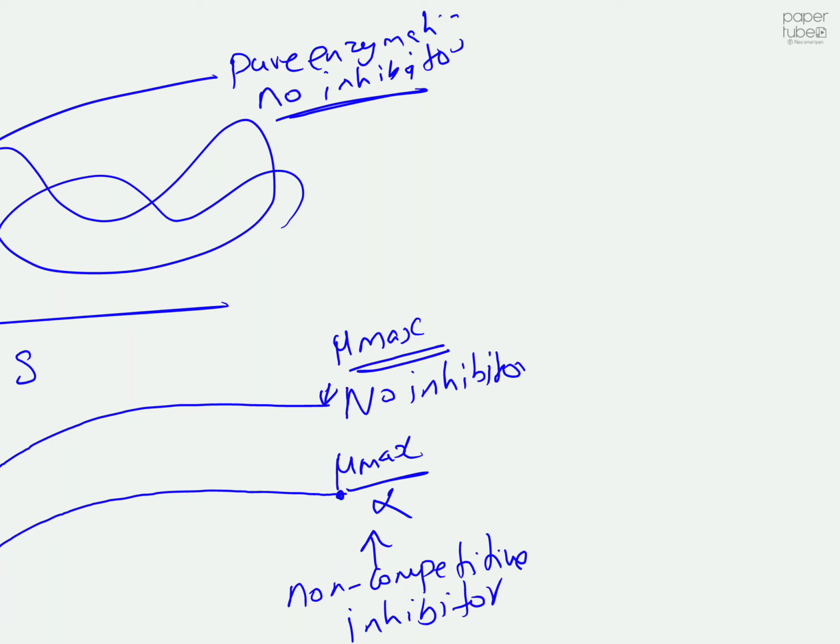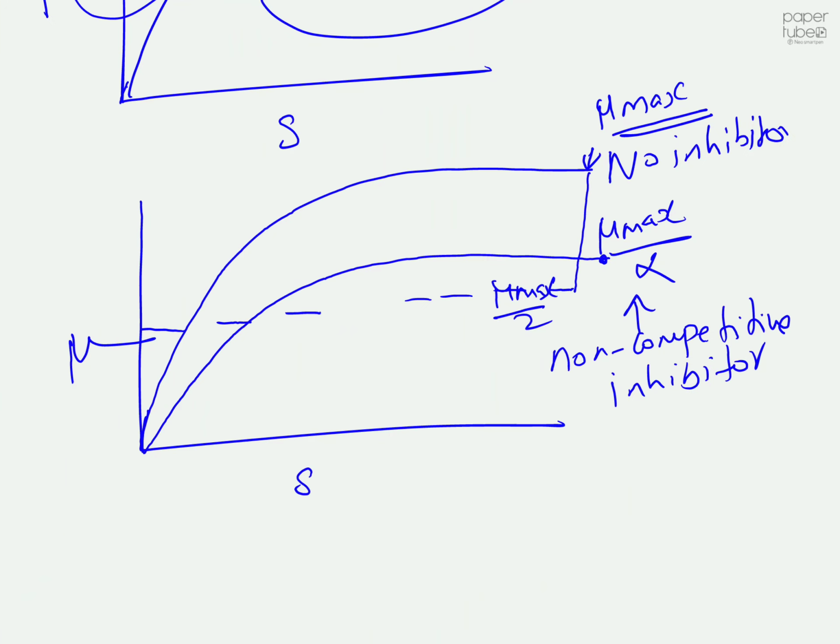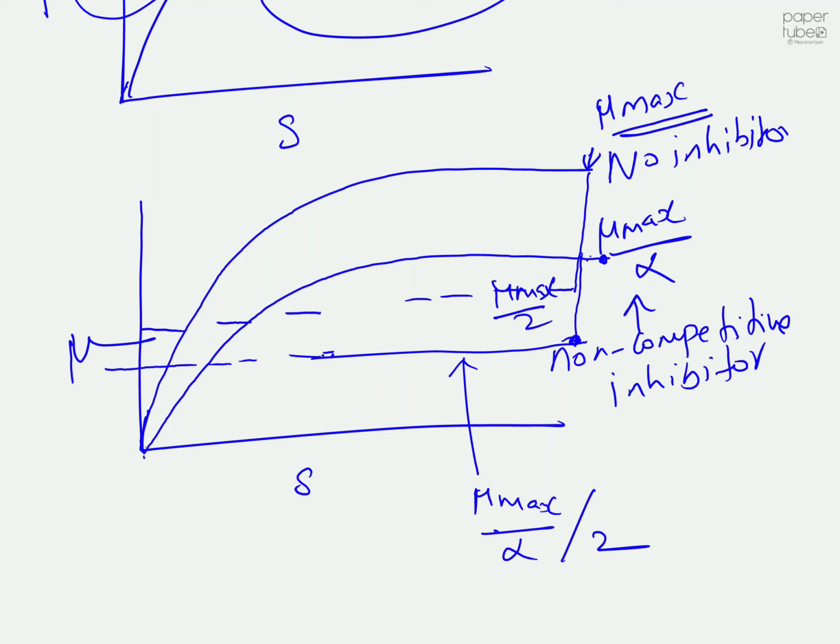One thing that you have to remember is this mu max by 2. Let's draw a line here, and then this mu max by alpha by 2 is somewhere around here. Okay, this graph is not great, so let me draw something like that.